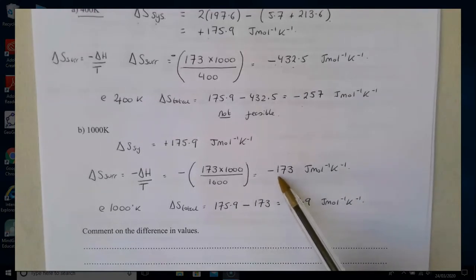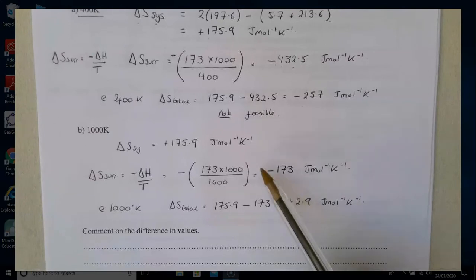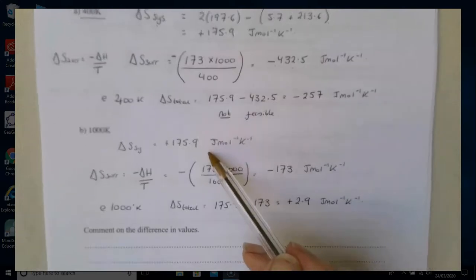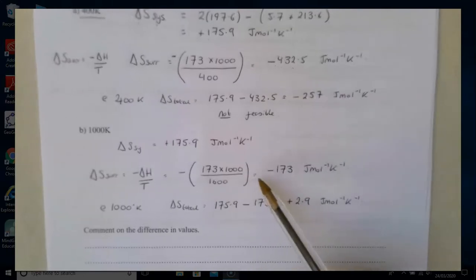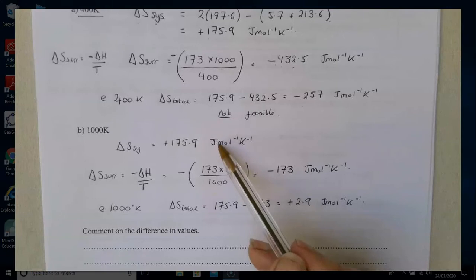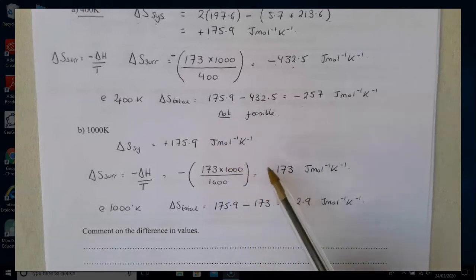So it starts to affect the total less and less, and the system starts to dominate. And because our system is positive here, as we get higher and higher temperatures, that starts to dominate. This becomes less important, and because this is positive, we get an overall positive value.